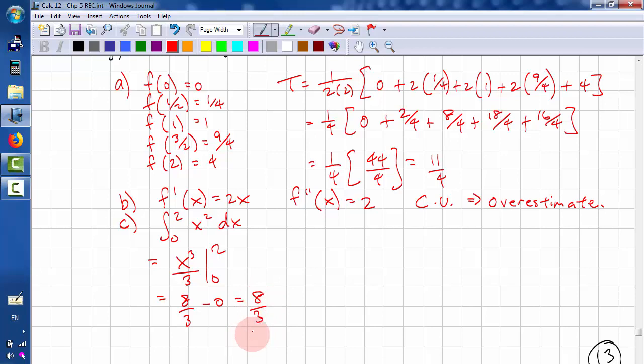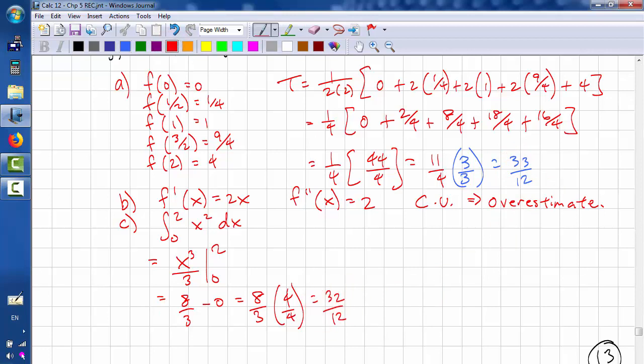Okay, let's have a common denominator between this and this so we can do a comparison. We need to multiply this by 4 over 4. So this is 32 over 12. We need to multiply this by 3 over 3. And we get 33 over 12. So we can see that this is an overestimate of the actual value.